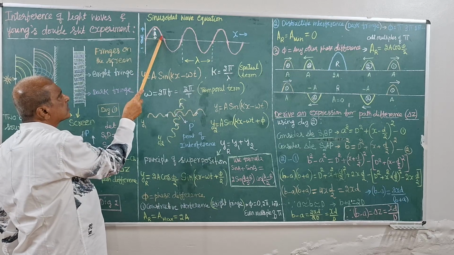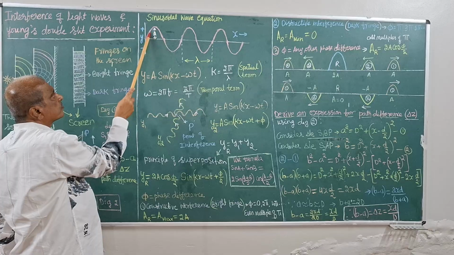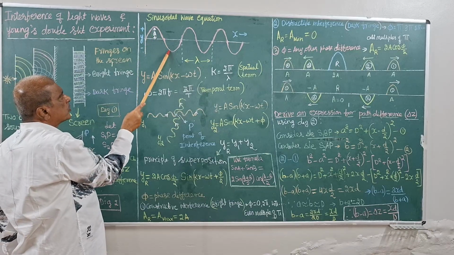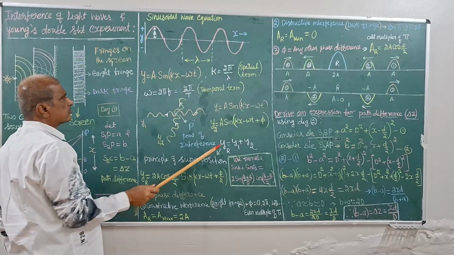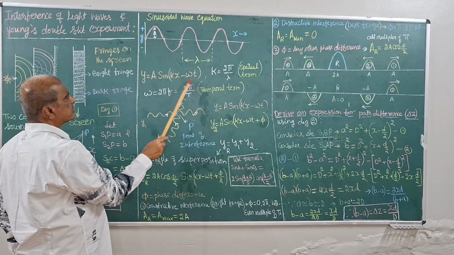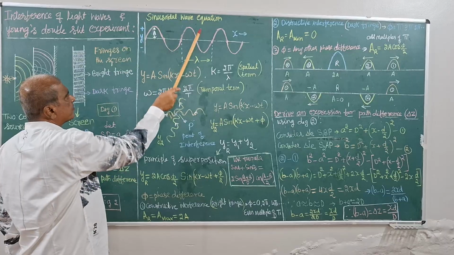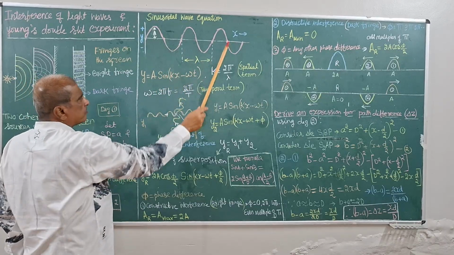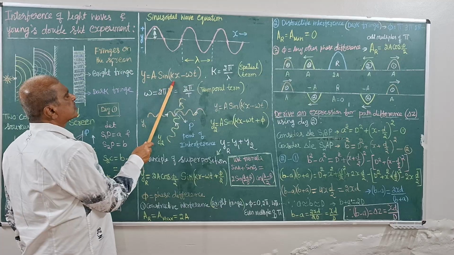Amplitude variation during oscillation, disturbance. Here in this direction, amplitude variation is maximum and decreases, like this. The wave equation says that Y is a variable with time along x. So sine of this.